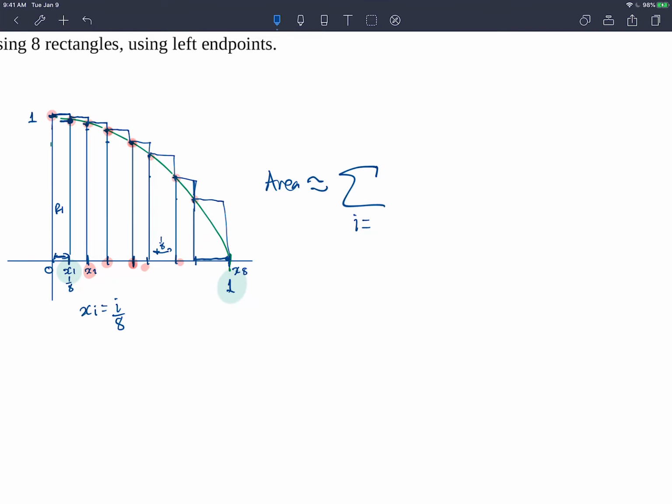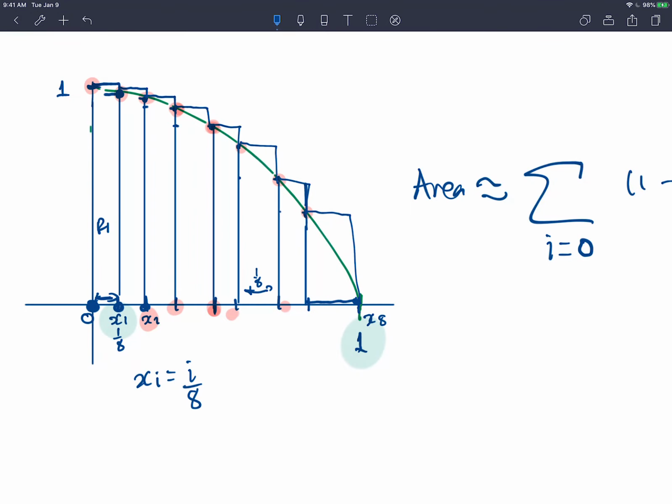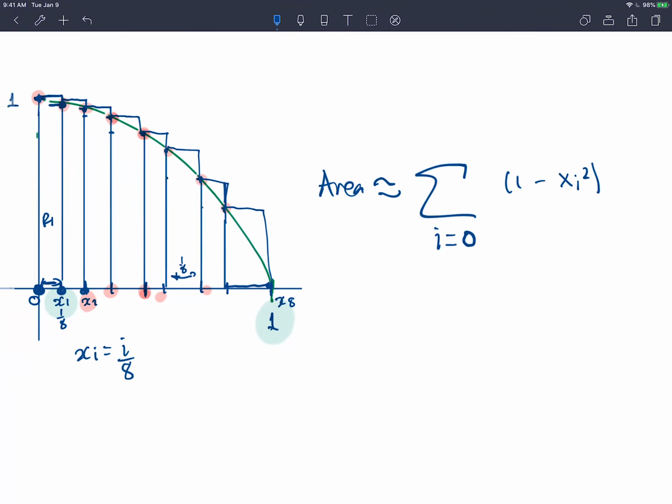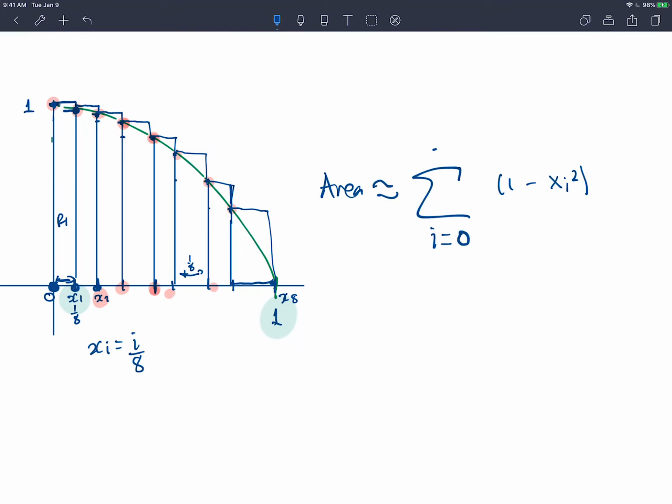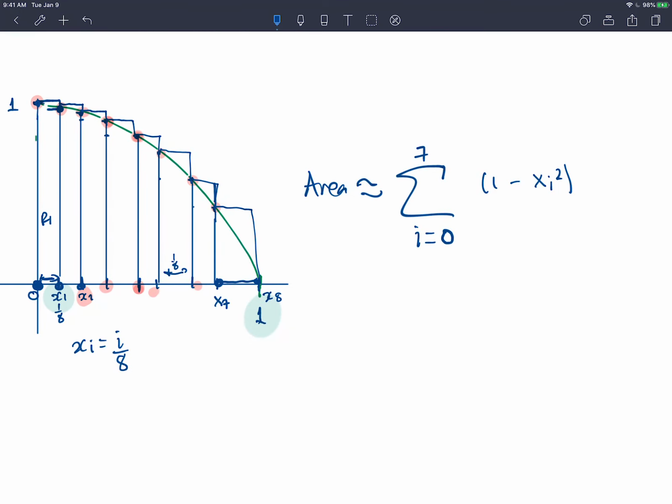I am going to do 1 minus xi squared, but my xi's are starting not from 1, they're starting from 0 now, because the first one I'm plugging in is this one, which is x0. This is x1, x2, and my first height is this. I'm using the 0 as my input, right? So I start with 0, and I stop at 7. For my last rectangle, this is x7, right? So there are still 8 terms adding, but it starts from 0.